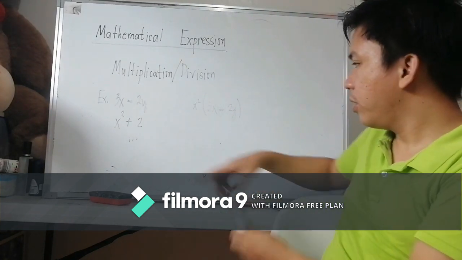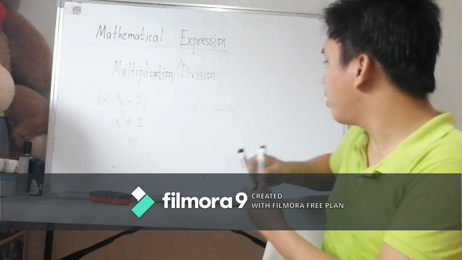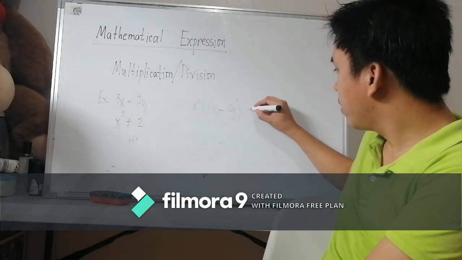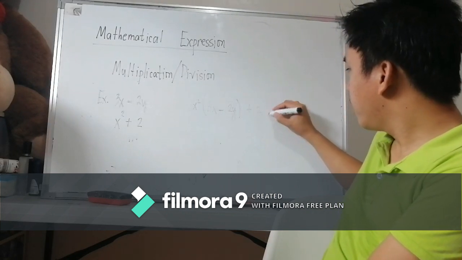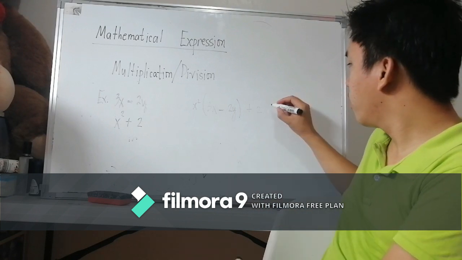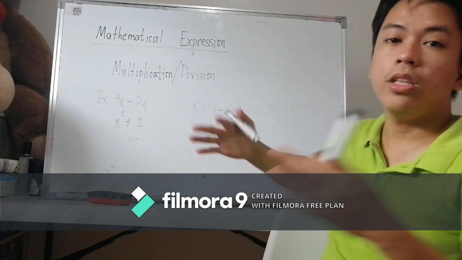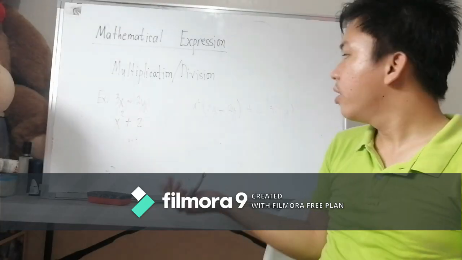And the sign of the next term here is positive, so you get plus here. So 2, and again copy this, 3x minus 2y, and do the same process.